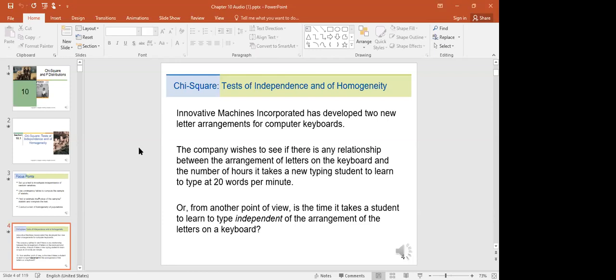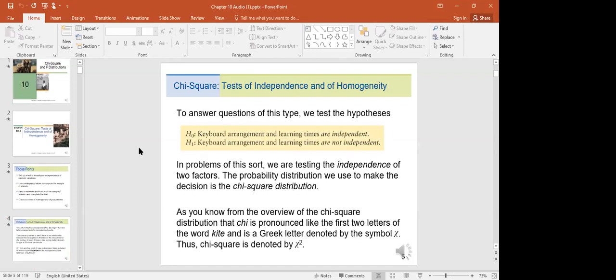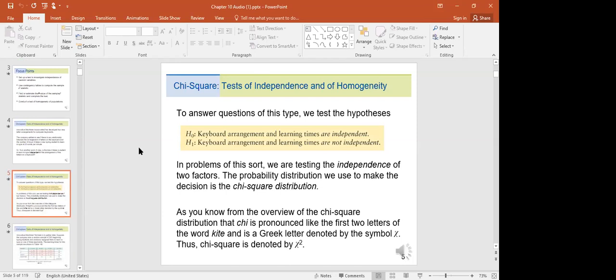Or from another point of view, is the time it takes a student to learn to type independent of the arrangement of the letters on a keyboard? So we are going to do this test as an example of testing for independence.